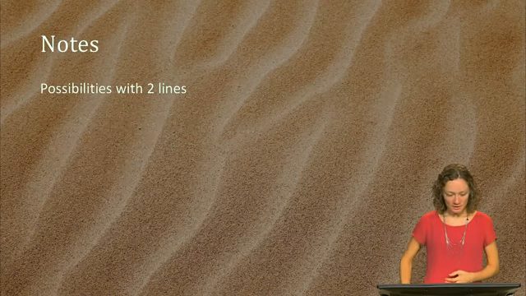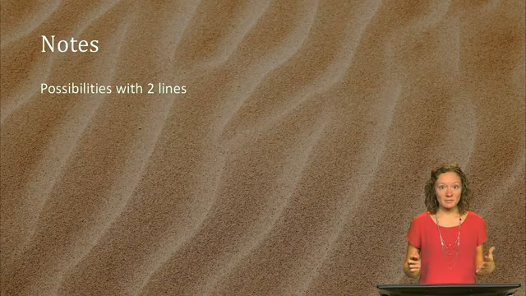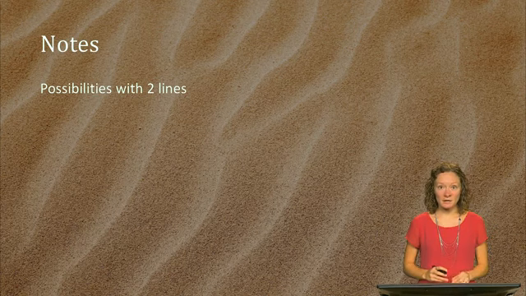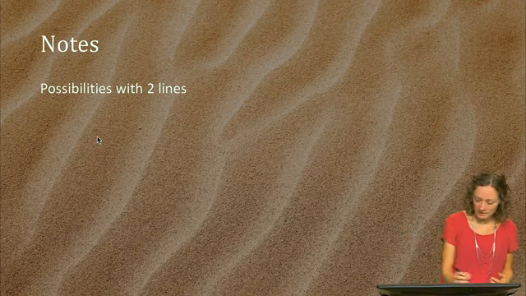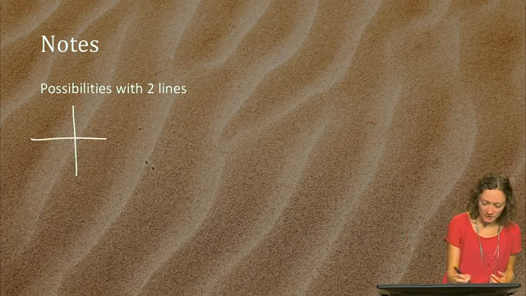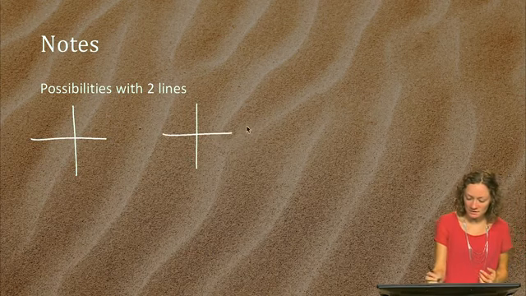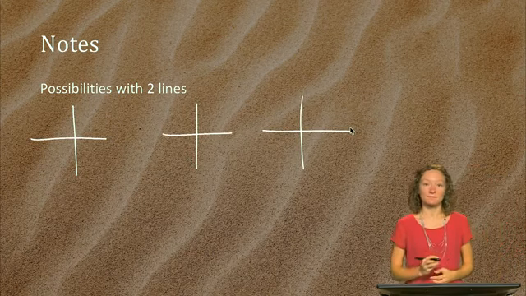All right. So let's talk about the possibilities that we have here. So we're talking about two linear equations, linear meaning line. So what are the possible ways that these two lines could interact? Let's say we have three different possibilities, three different things that could happen.